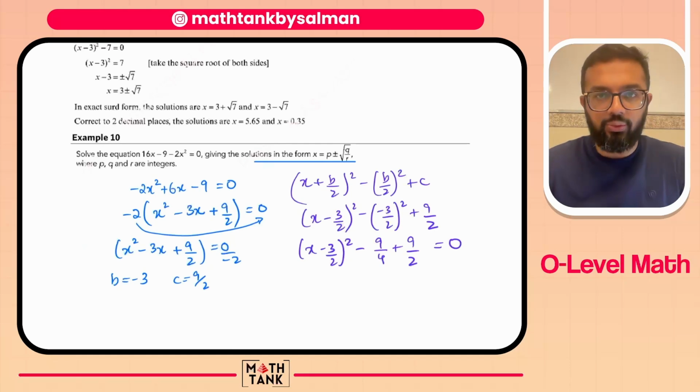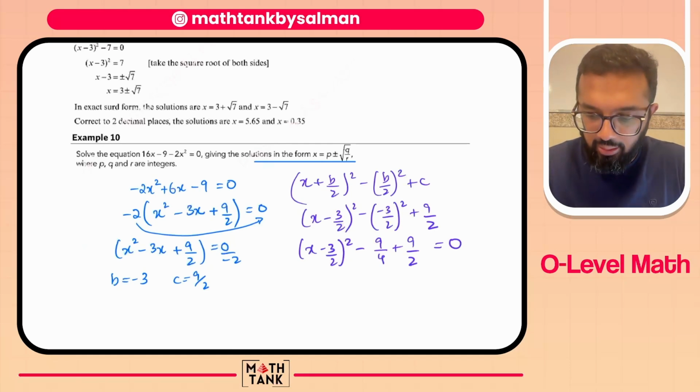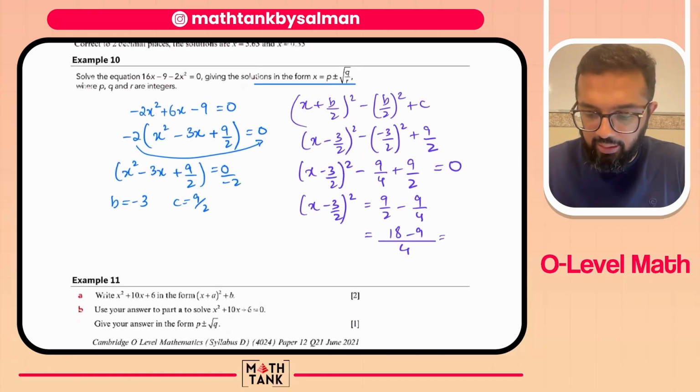Now this is equal to 0. Okay. Now can I move these numbers there? 9 over 2 minus 9 over 4. Take a common denominator. 18 minus 9. That gives me another 9 over 4.